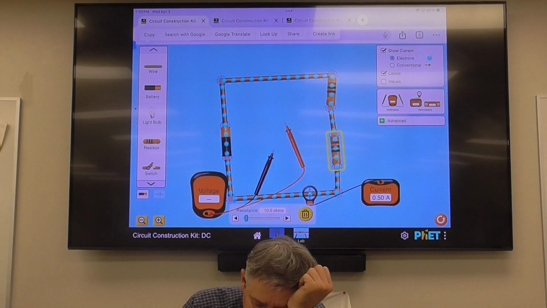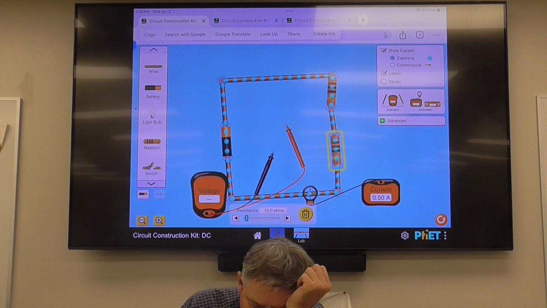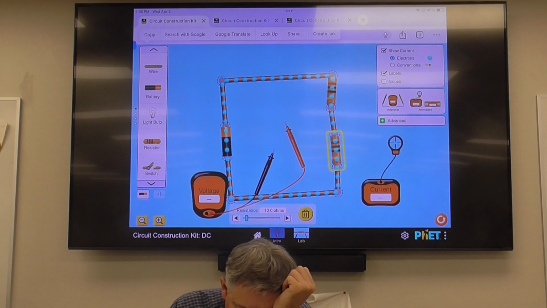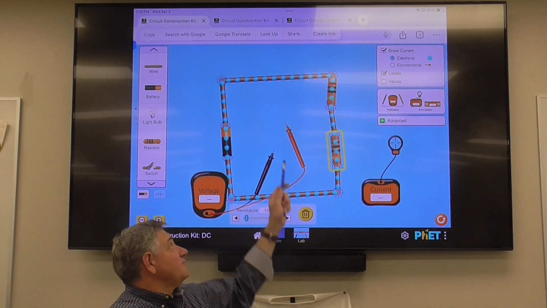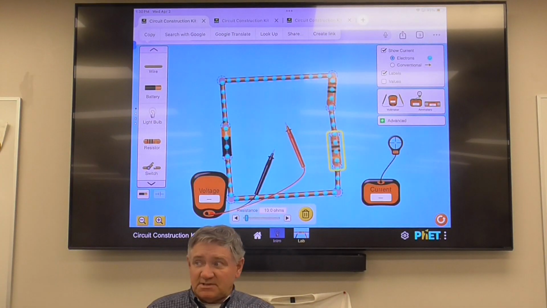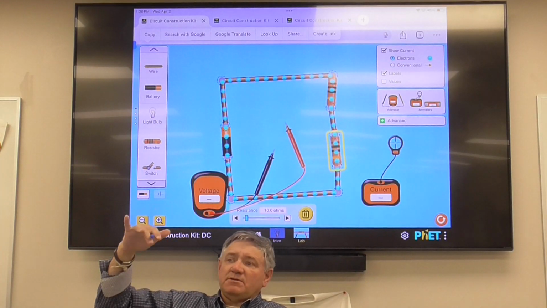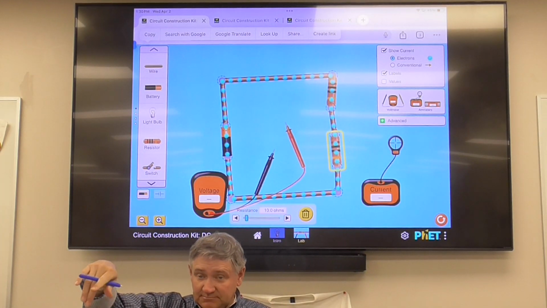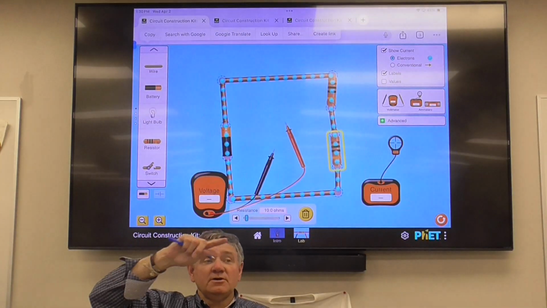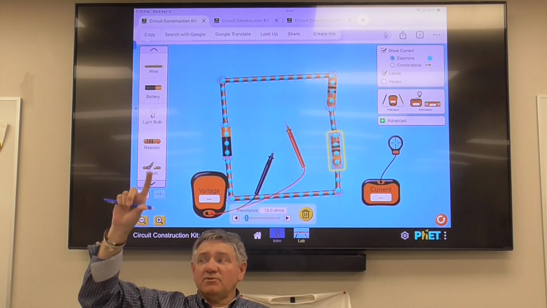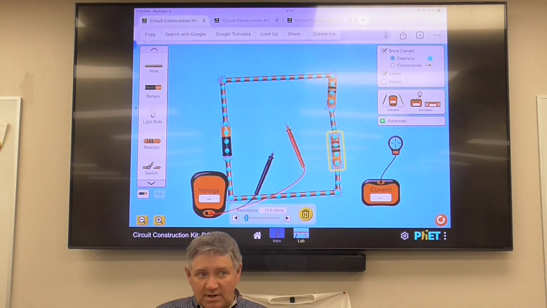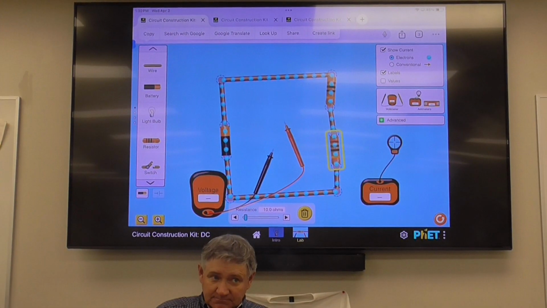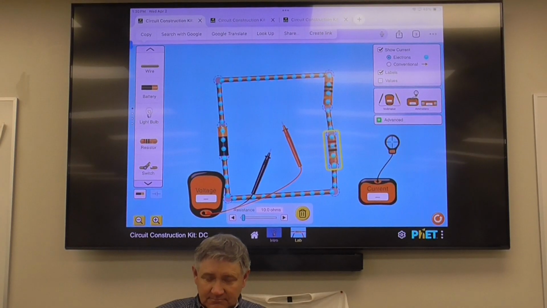Let's talk voltage. Here's my question: because that's a 10 volt battery, what's going to be the voltage drop across each resistor? Choice A: same situation, I drop half the voltage across each one, so 5 and 5.